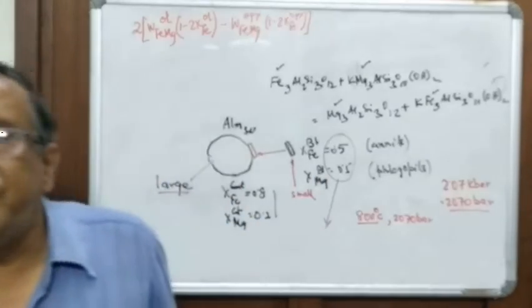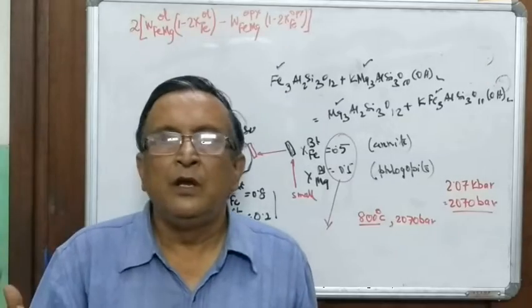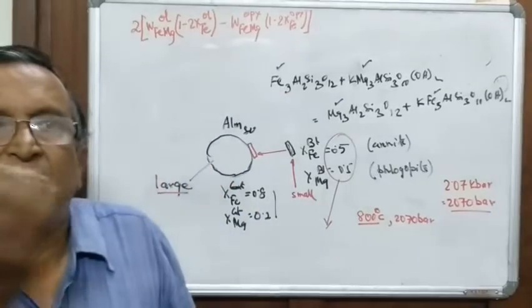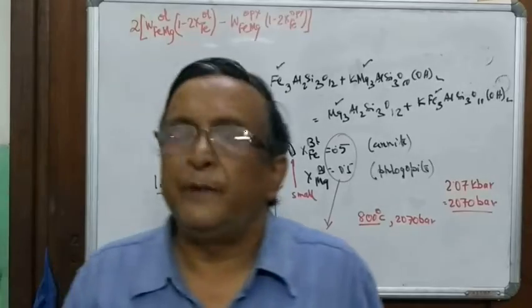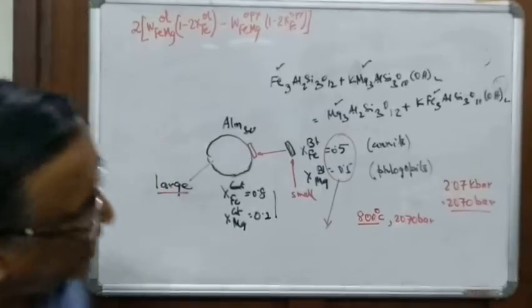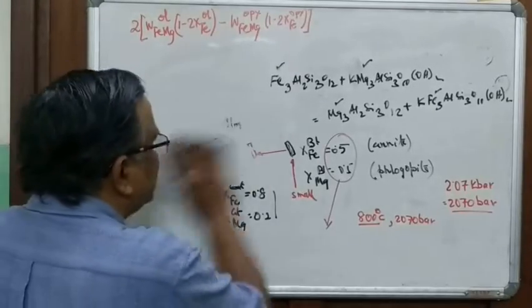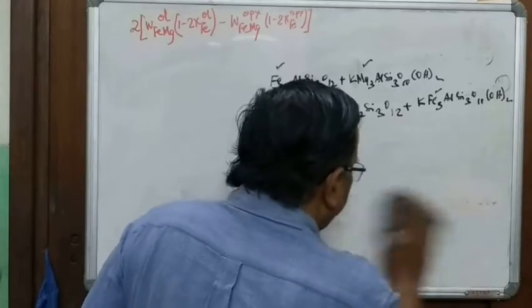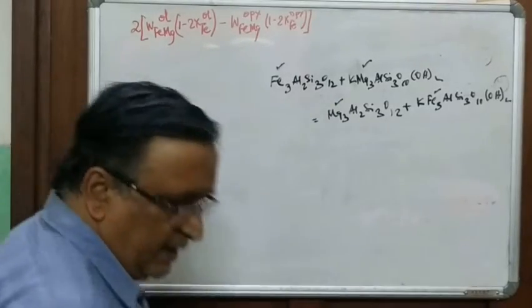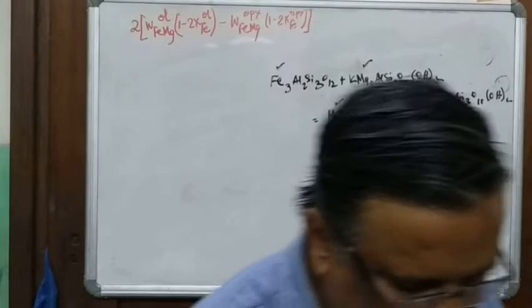Ferry and Spear did not have any way to find out what the biotite-garnet composition in equilibrium should be. So when you read the paper, you will see there is a table.